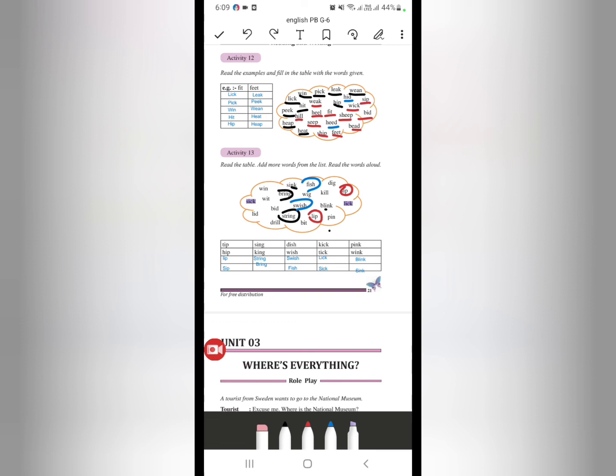Sink is something that we use to wash our hands. Now you should comment in the video the answer for the meaning of swish and wink. Okay, you should comment it in this video.